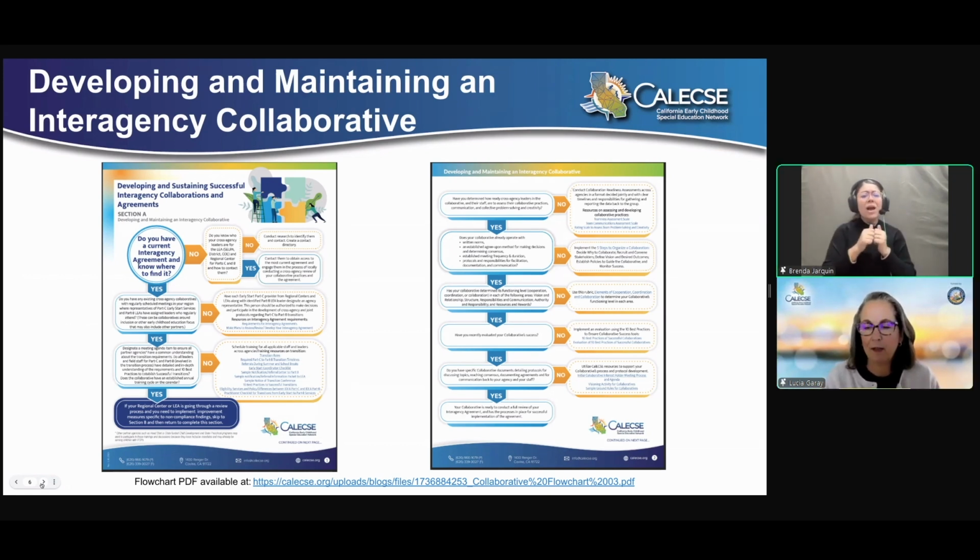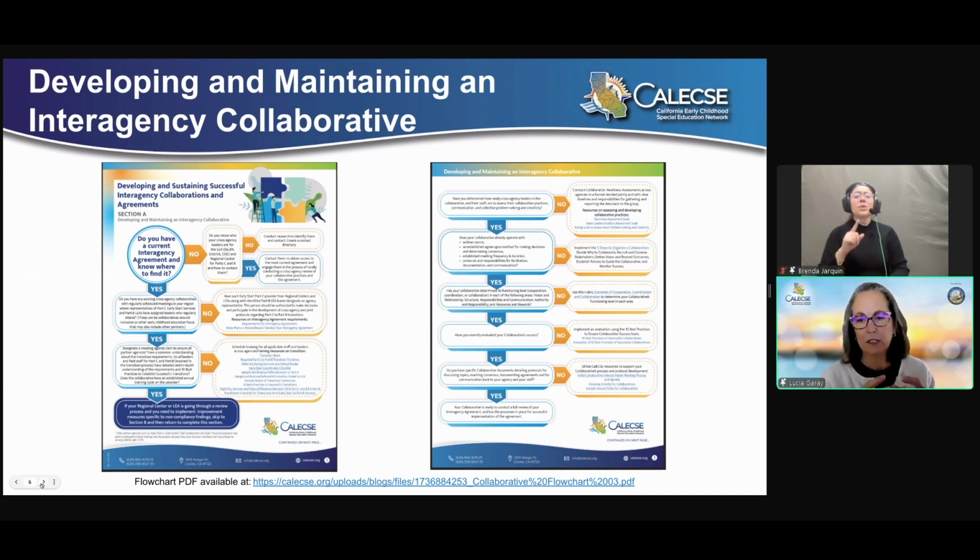It's really a roadmap developed in a yes-no format, and very specifically, page 1 includes critical information and resources to assist you in aligning your local practices to the regulations and requirements, with really a focus on the LEA and the regional center, resulting in collaboration that seamlessly supports families during the transition process. While page 2 is really about how to collaborate and more about that relationship between the 2 agencies, in forming a collaborative that will endure past the goodwill of current leadership.